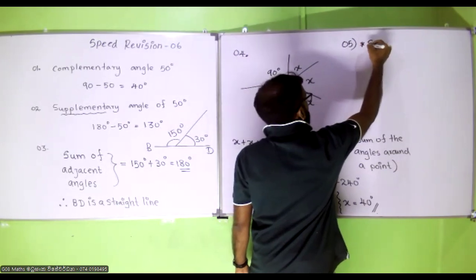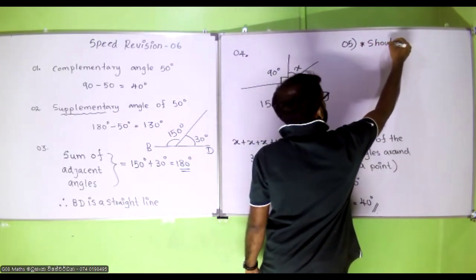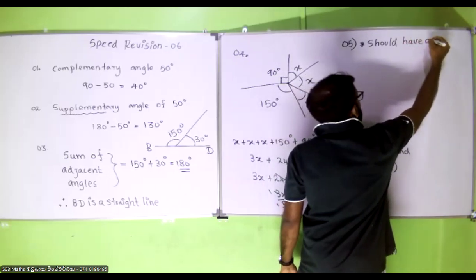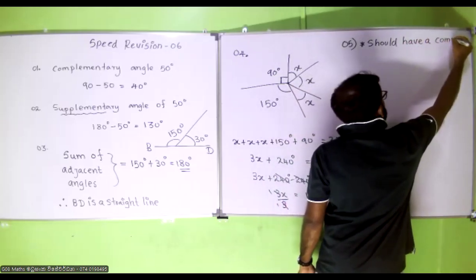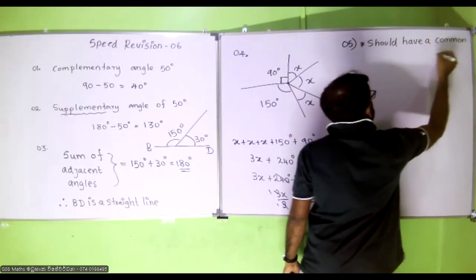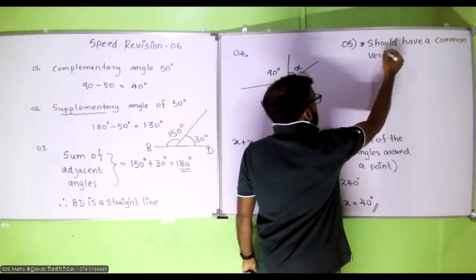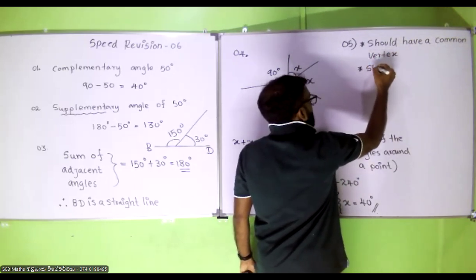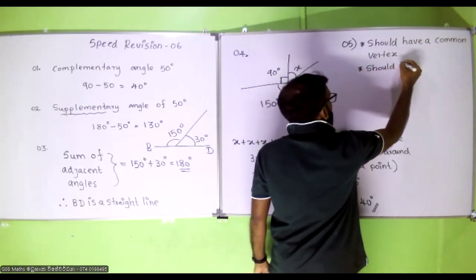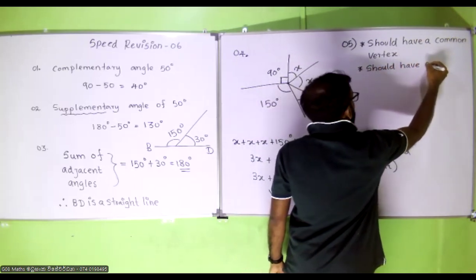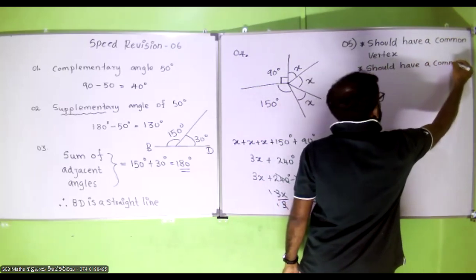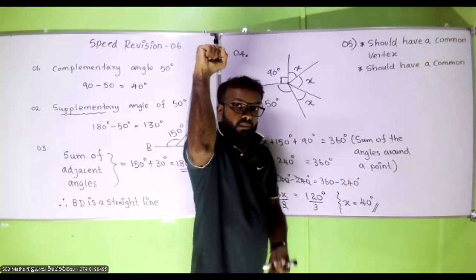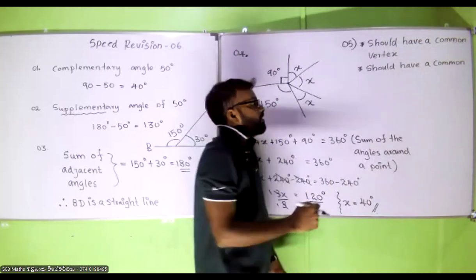Should have a common vertex. Can you remember that? I gave you. Should have a common vertex. This is the first one. And the second one, should have a common arm.